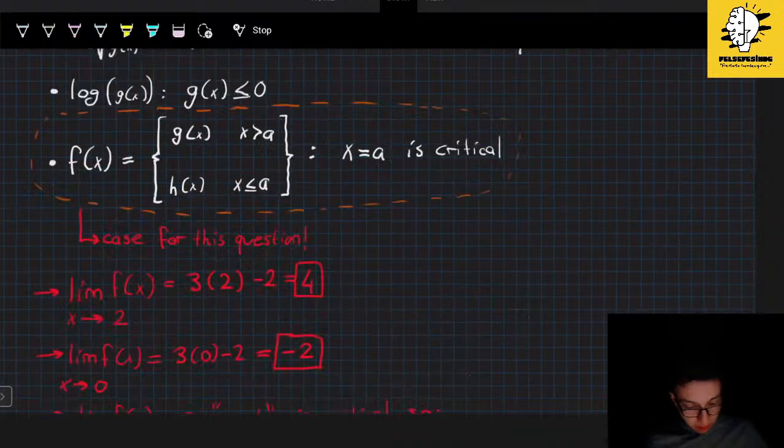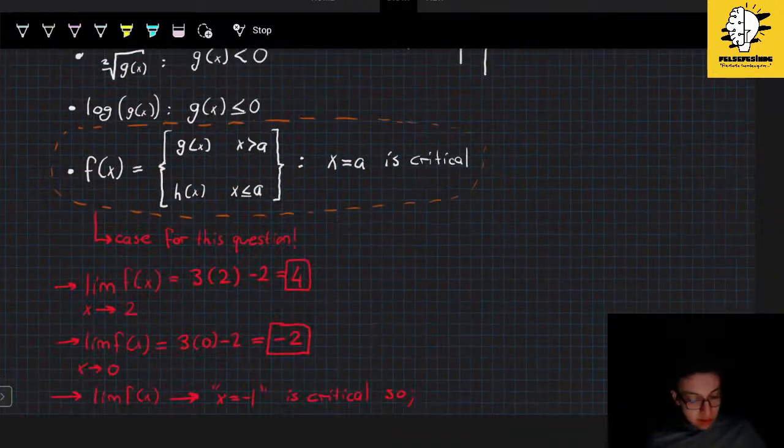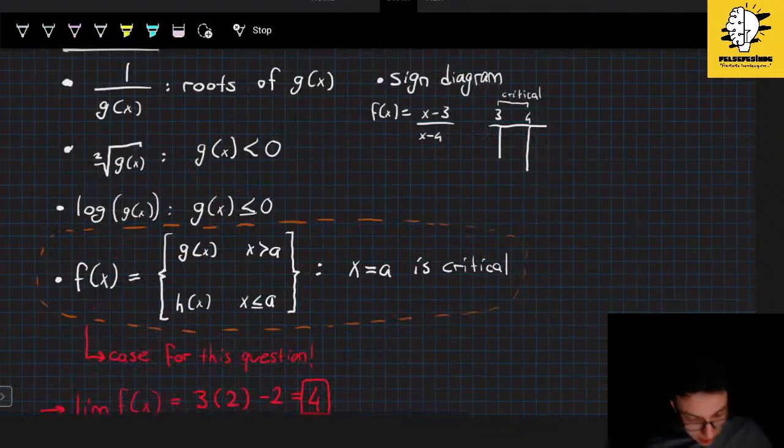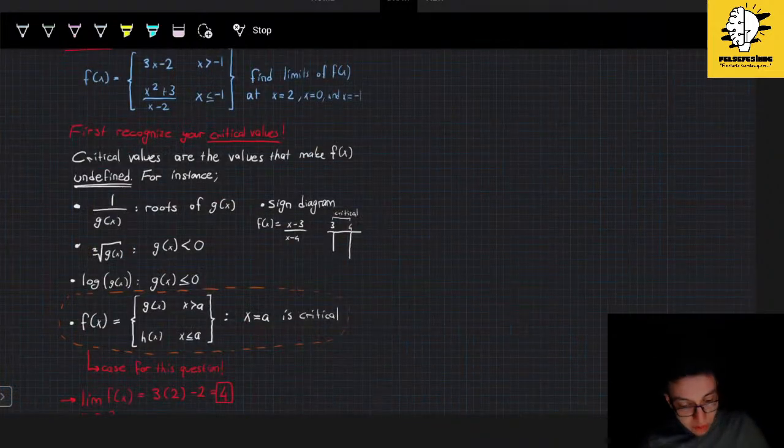So let's see now. For x is equal to 2, the first part, limit f(x), x goes to 2. This is not a critical value, so we can directly substitute it into the function. And 2 is obviously in the first one of the piecewise function, 3x minus 2. Our domain fits into the first one.